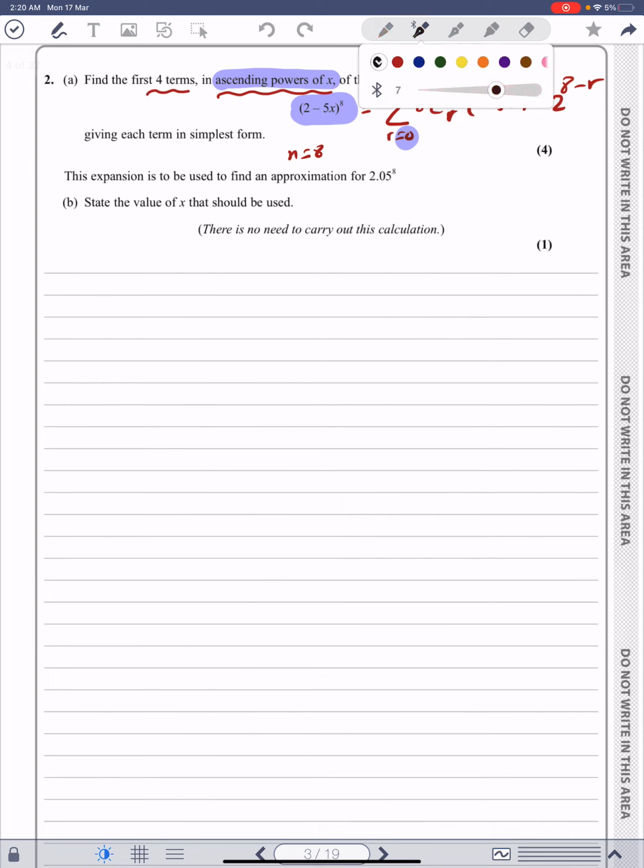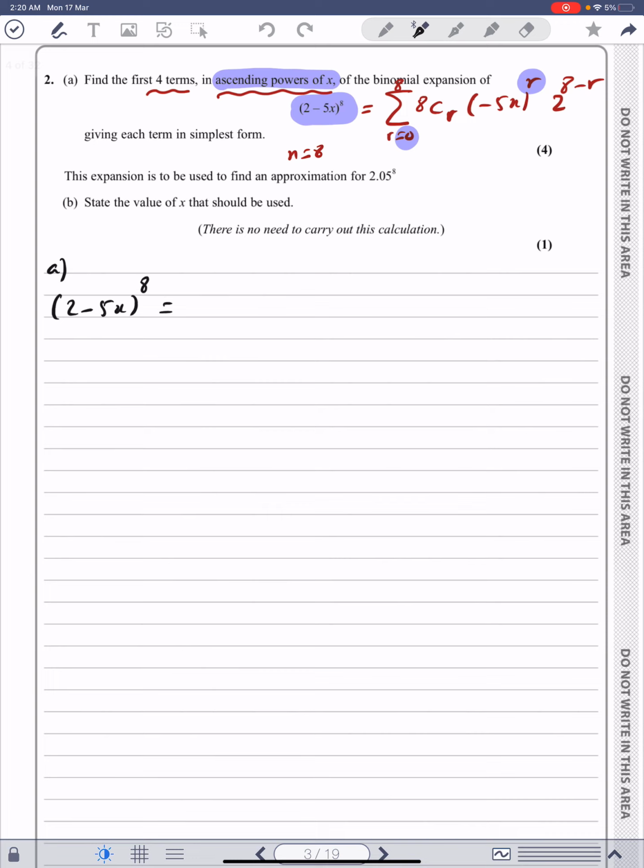So you write here solution, part A. 2 minus 5x to the power of 8 is equal to the sum from 0 to 8 of 8 combination r, negative 5x to the power of r, 2 to the power of 8 minus r. Then you write each term as fast as you can.